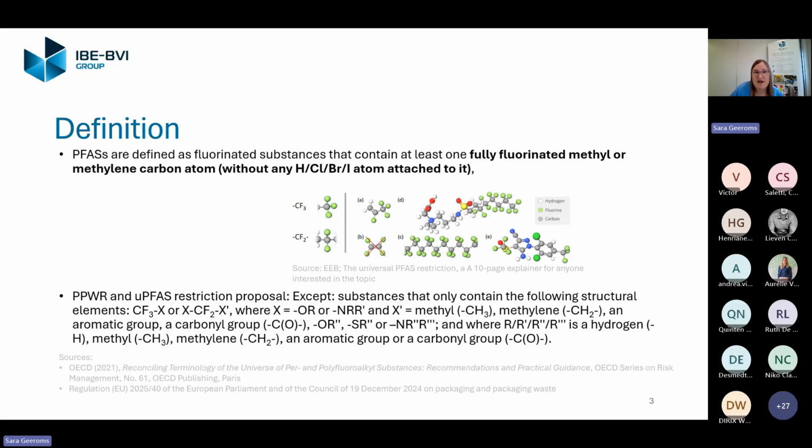Here, PFAS are defined as fluorinated substances that contain at least one fully fluorinated methyl or methylene carbon atom without any hydrogen, chlorine, bromine, or iodine attached to it. Both the PPWR and the PFAS restriction proposal from REACH have some exceptions to that description.